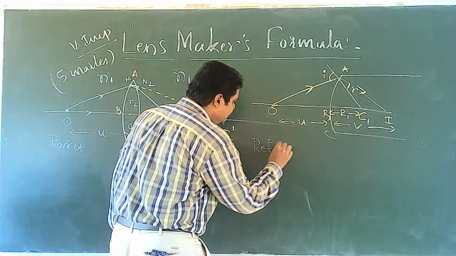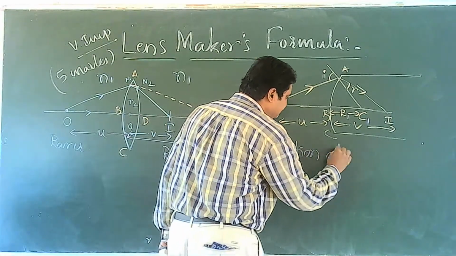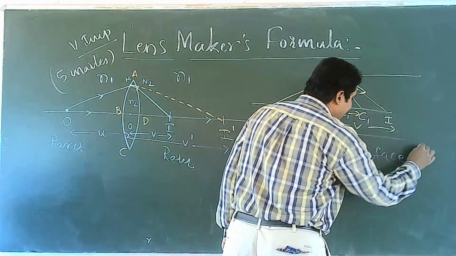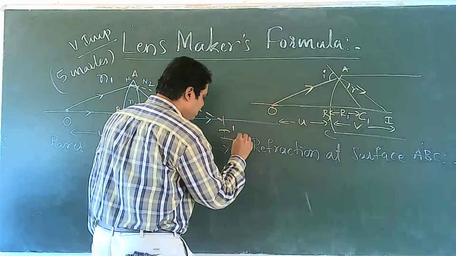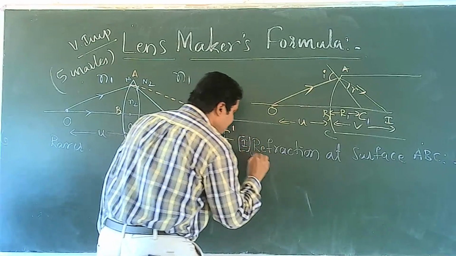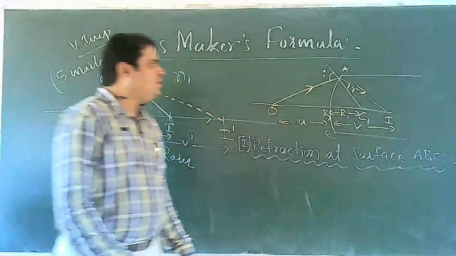Refraction at surface ABC. This is Roman number 1. I am writing Roman number 1 here. Refraction at surface ABC. Okay.